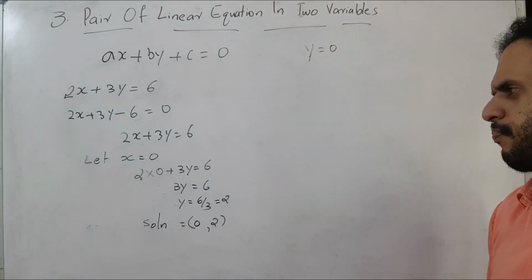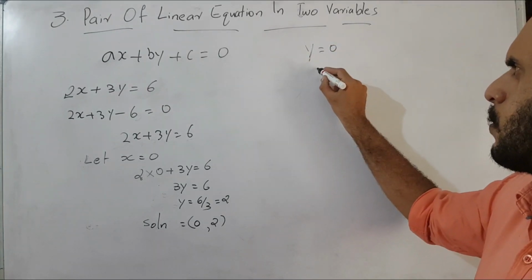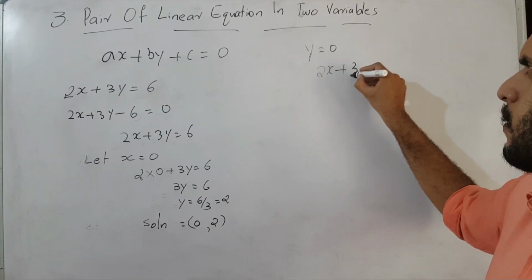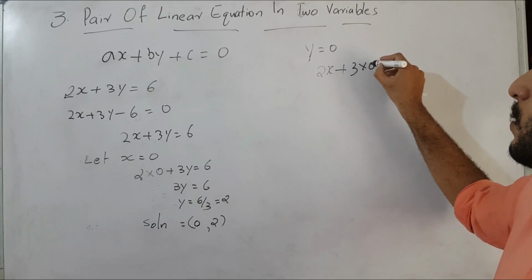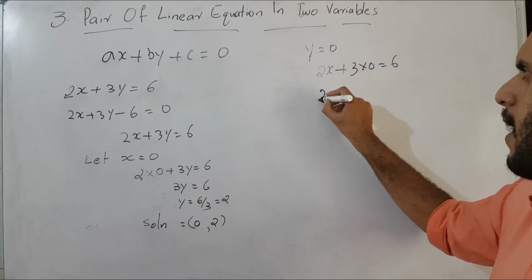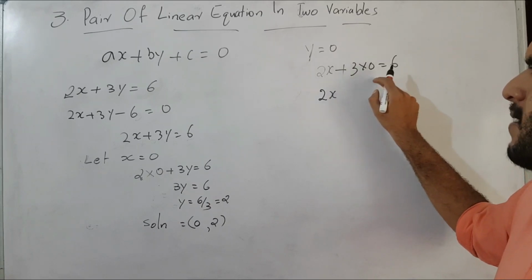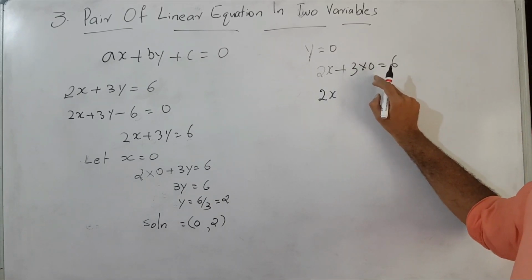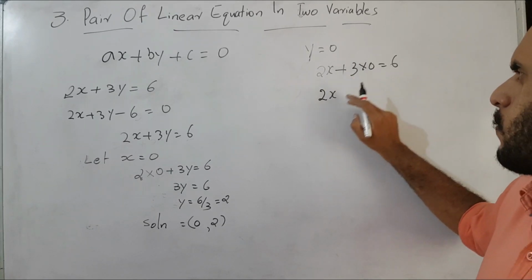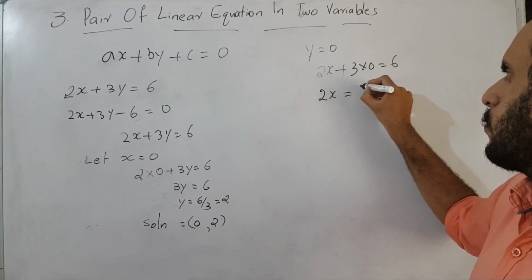Then what is next? 2x plus 3y, with 3y meaning 3 into 0, is equal to 6. Then 2x plus 3 into 0, what is 3 into 0? 0. 2x plus 0, that is 2x is equal to 6.